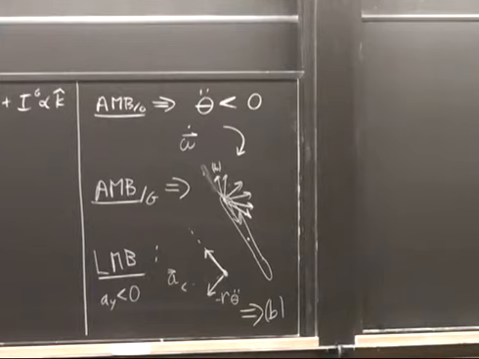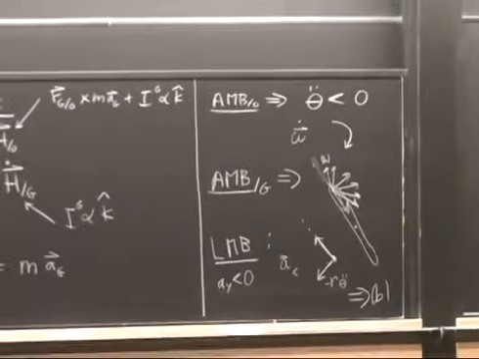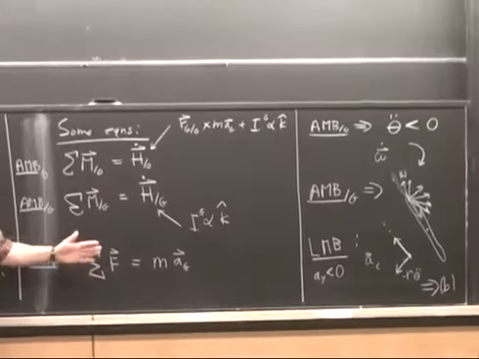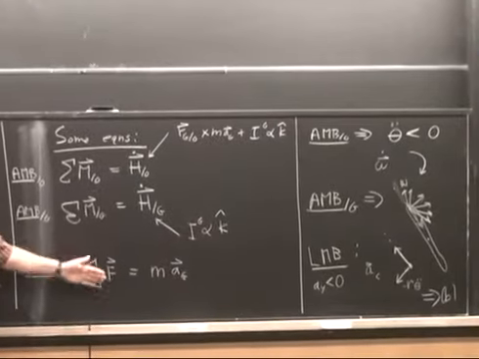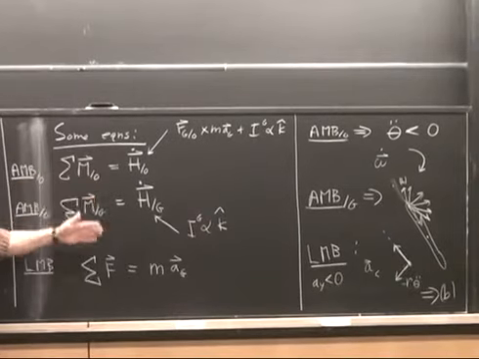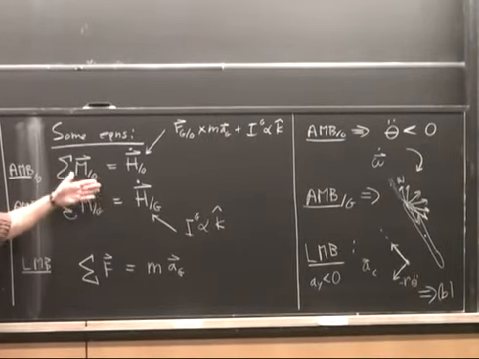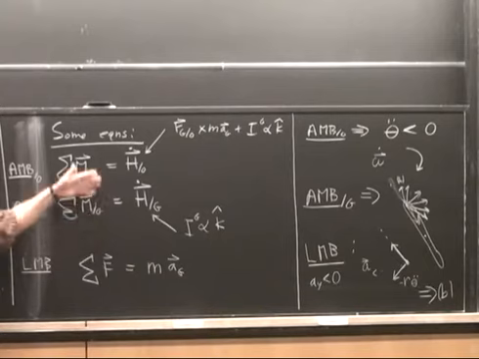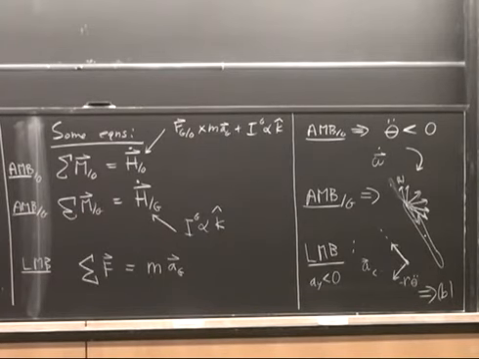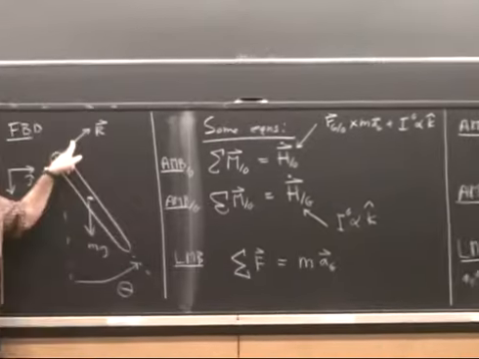So if you doubt that, you can do a calculation. How is the calculation? You mix and match these equations. Up to 3 of them are independent. You can use this one and this one, this one and this one, these two and one of these two, and angular momentum balance about a third point that's not on that line. And you have a set of equations, and you have 3 unknowns in those equations, and the 3 unknowns will be theta double dot and the 2 components of this reaction force.